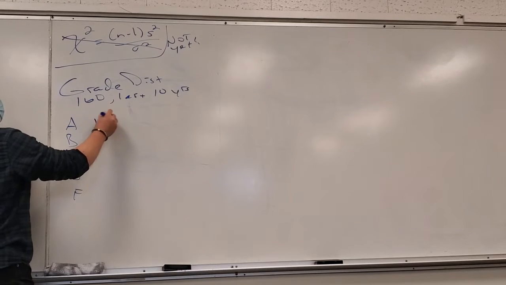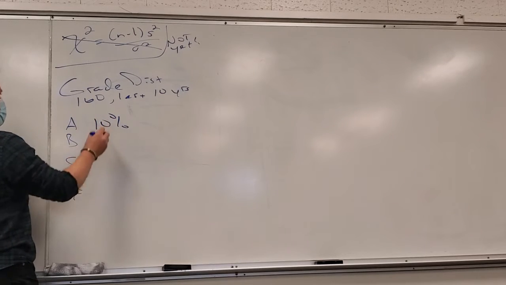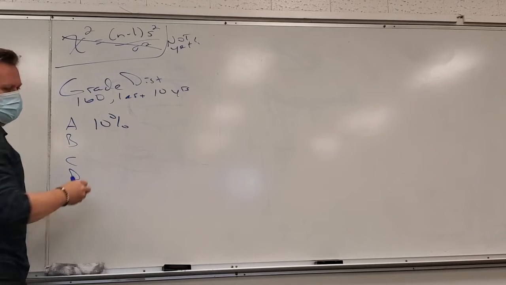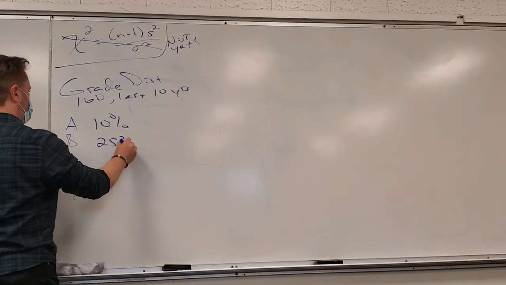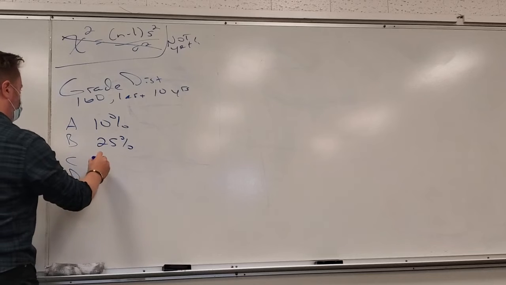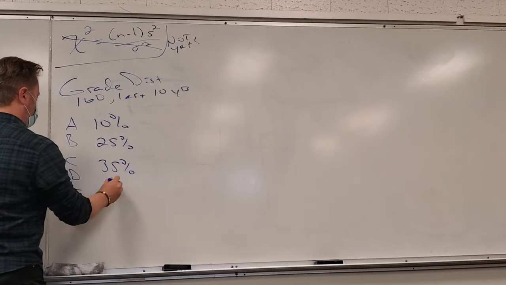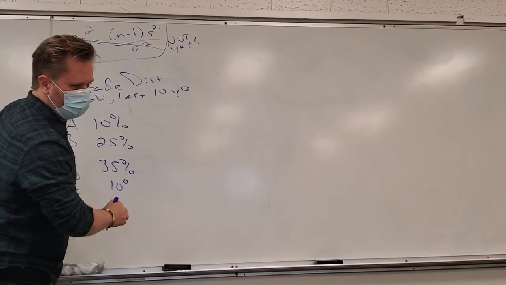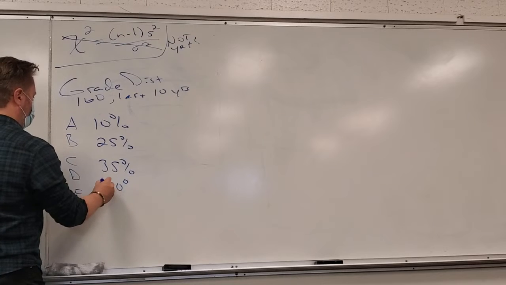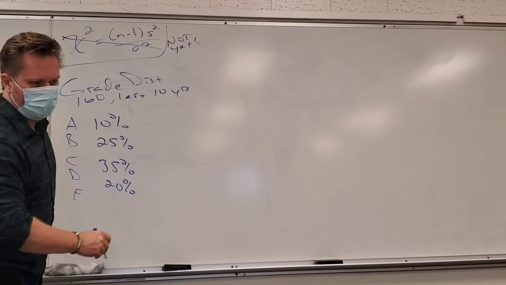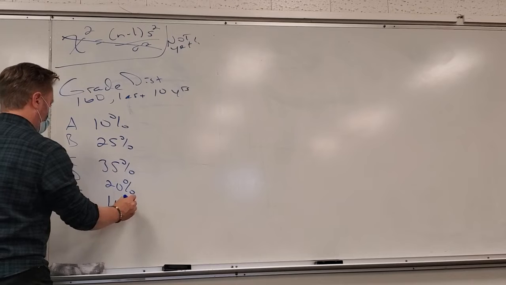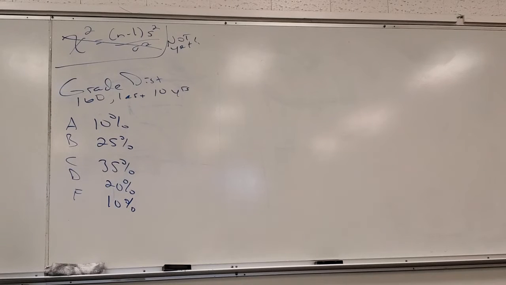I found that 10% of the students ended up with an A, 25% with a B, 35% with a C, 20% with a D, and 10% with an F. Did I actually do this? No, this is roughly based on what I would expect.